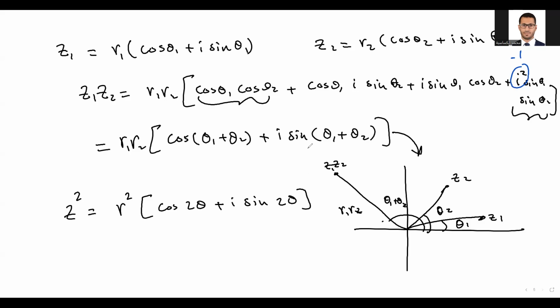The polar form shows us the nature of complex number multiplication: the magnitudes, the lengths, we multiply, and for angles we add. This happens for z squared, and also for z to the n, which is r to the n (cosine n theta plus i sine n theta) as well. So now it shows us why it is powerful.